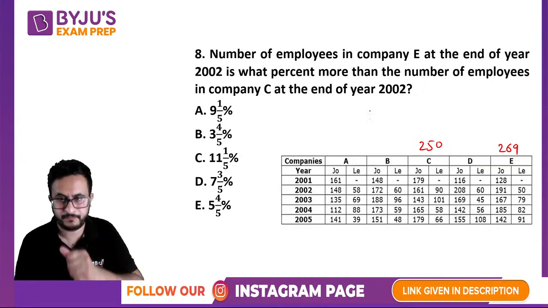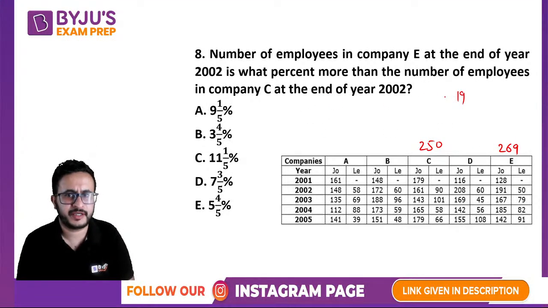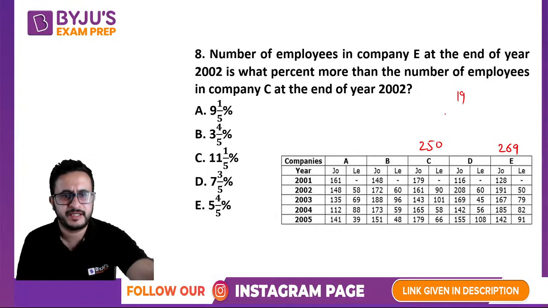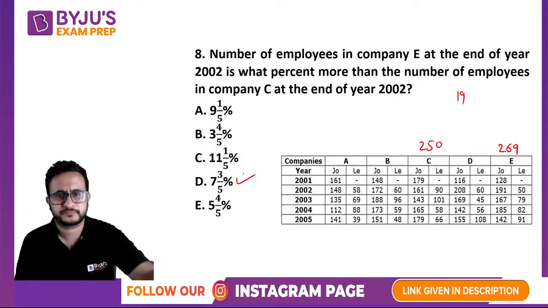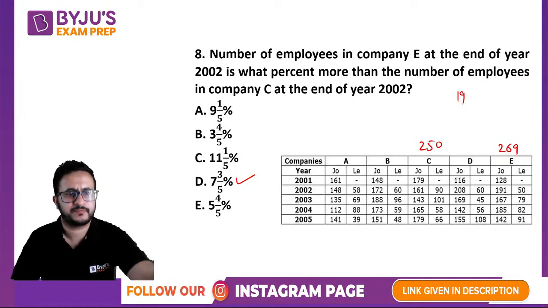Okay. So it is 19 more, right? 19 more is less than 8%, right? So 7.3/5% हो जाएगा.